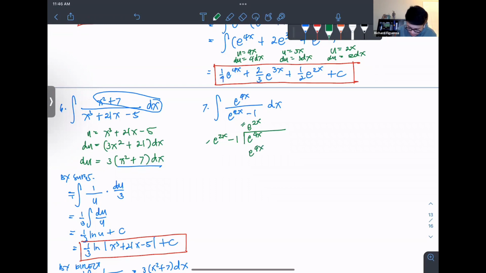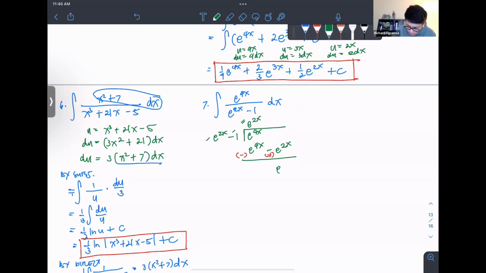E raised to 2x multiplied with negative 1, we'll have negative e raised to 2x. Then we change the sign. So this one will become minus, this one becomes plus. So e raised to 4x minus e raised to 4x is 0. So then we have positive e raised to 2x. There's nothing above, so we'll just have e raised to 2x here. So we can stop there.